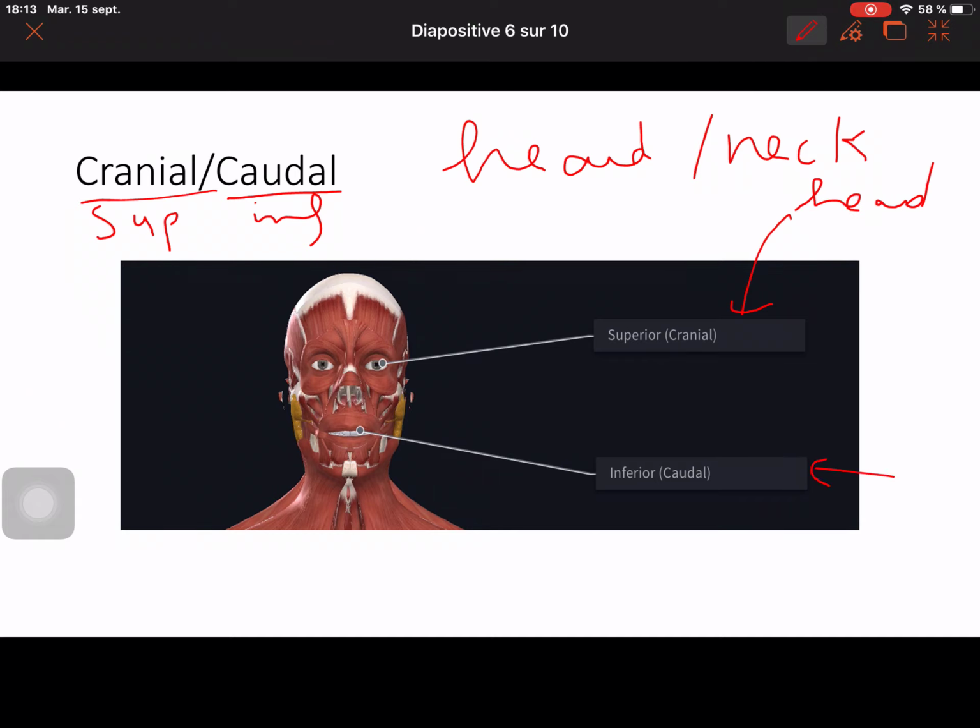Caudal is everything closer to the tail. Here, like we see, the eye is cranial in reference to the mouth. We said in the beginning that they are called directional or terms of relationships because they can be used in reference. We can refer something compared to something else.